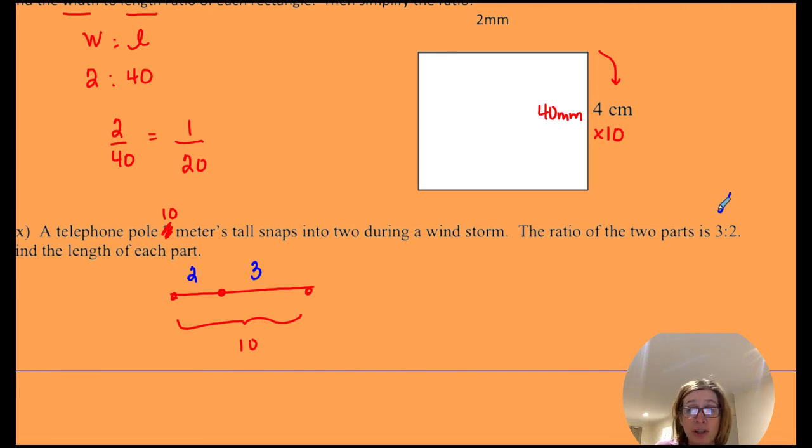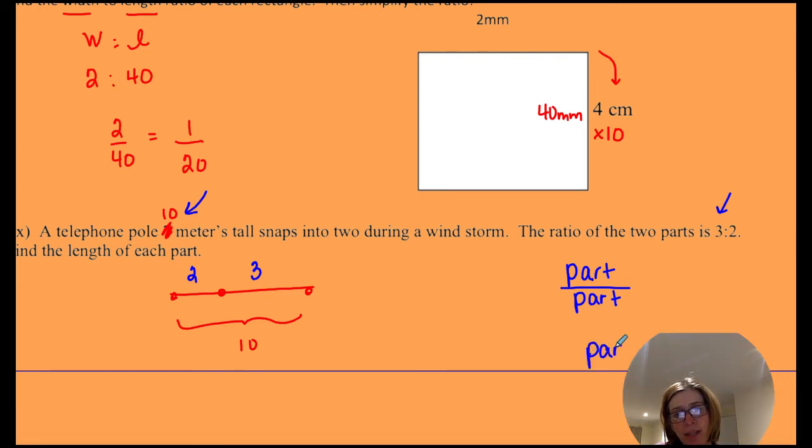So 3 to 2, if we think back to ratios, is a part-to-part relationship. But 10 is the whole. So that 10 tells me I need a part-to-whole relationship. One way to do this is to think about that idea. Instead of writing it as part-to-part, I can change it to part-to-whole. So I'm going to change it to 2 to 5.